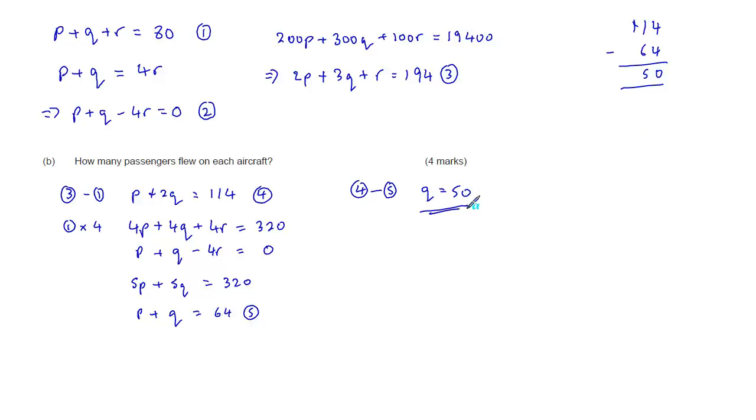So Q is 50. Then equation 5 would give us that P must be equal to 14. So far, that's 64 passengers. We need to get to 80. So R is equal to 16.